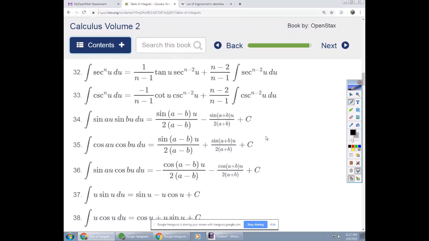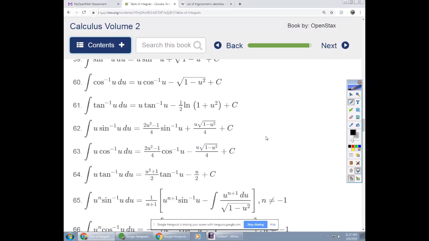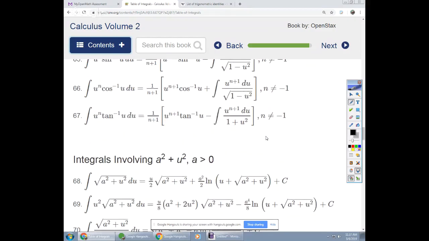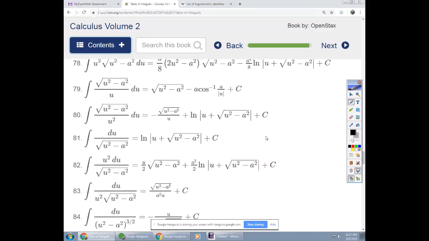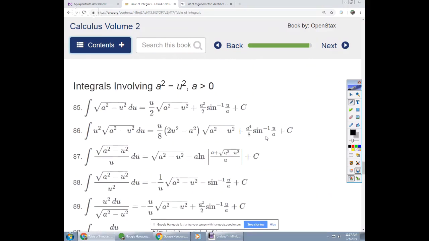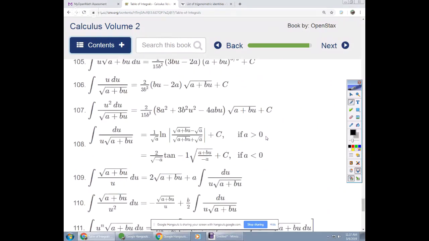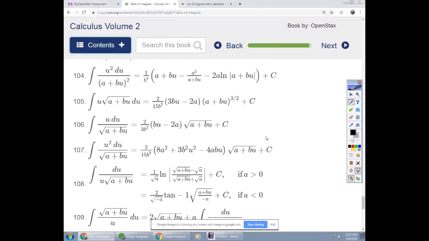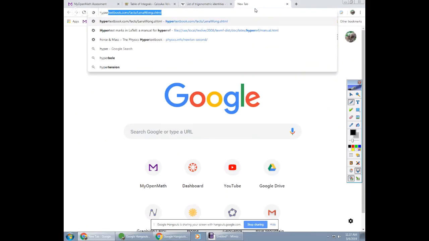It's in here somewhere. Where is it? It's not in the page. Interesting. All right, let's look up hyperbolic functions.